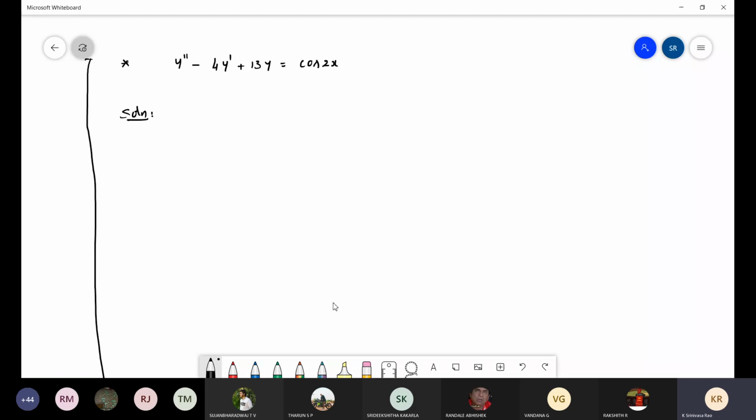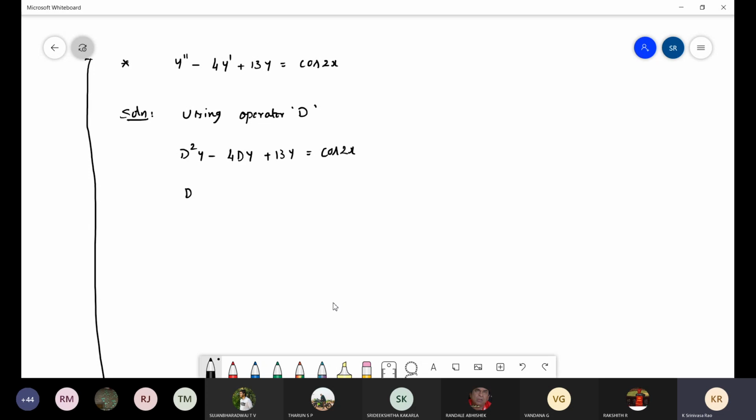Using operator D, this can be written as d square y minus 4 dy plus 13y equals cos 2x.